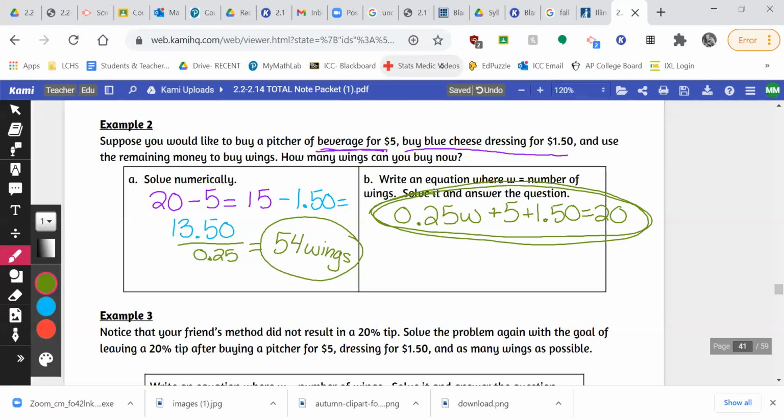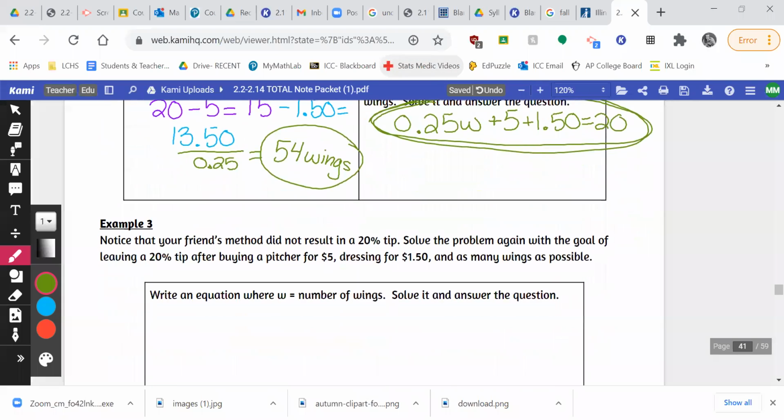If you wanted to, you could combine the $5 and $1.50 to get $6.50. So you could write it that way. It's just not necessary. We would go through and solve it just the way we did the other one, and we'd see that we'd also get the same answer of 54 wings.